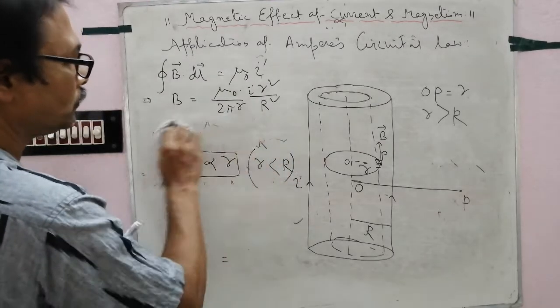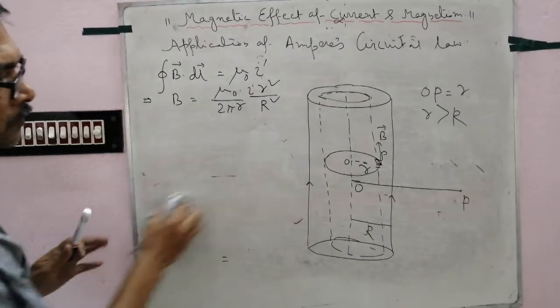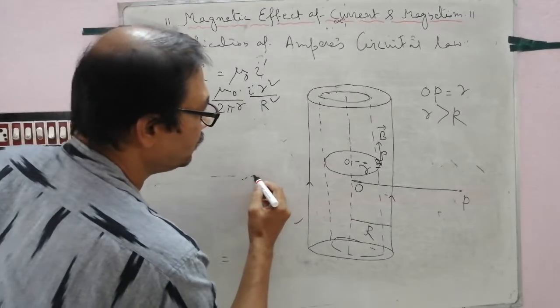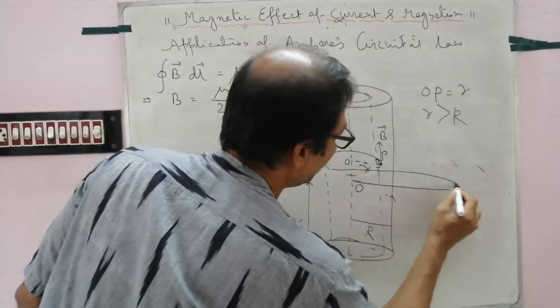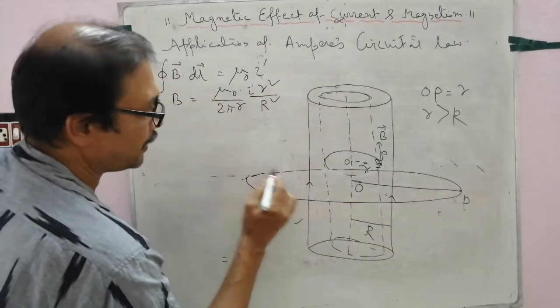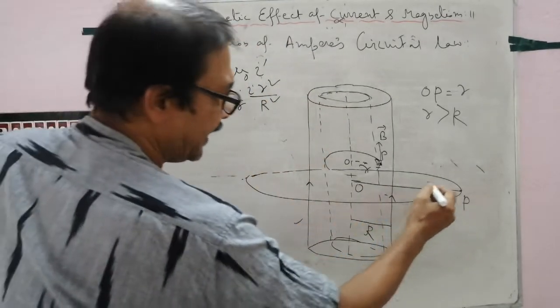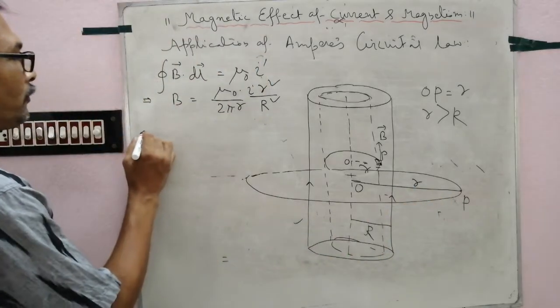Now, this is the closed loop for the application of Ampere's circuital law. This is r.